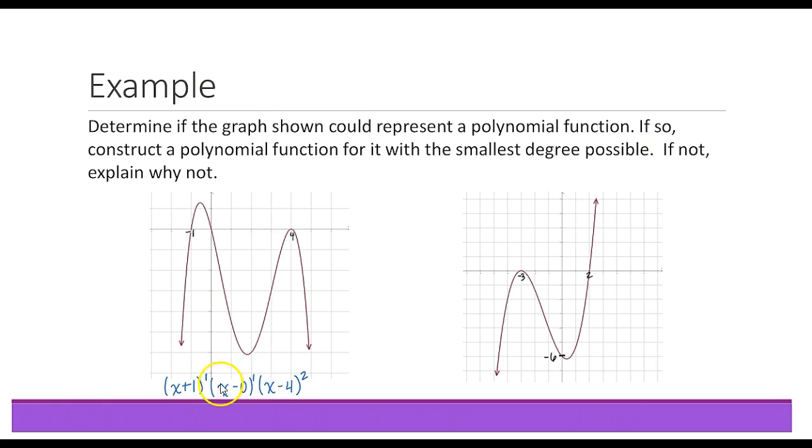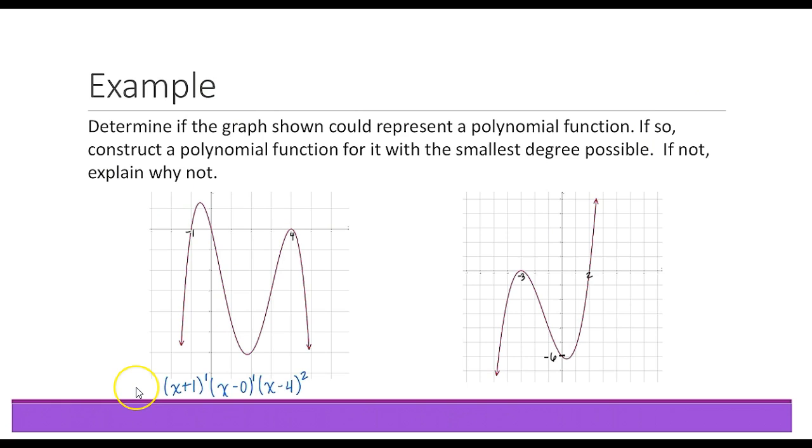Now we just want to make sure that we have satisfied the end behavior. If I multiplied this polynomial all out, it would be x, and x squared, so x to the 4th. It would be positive x to the 4th, and these ends are pointing down, so we would need a negative leading coefficient.